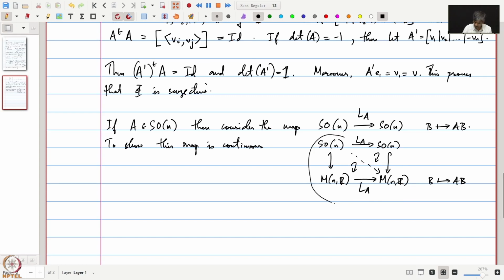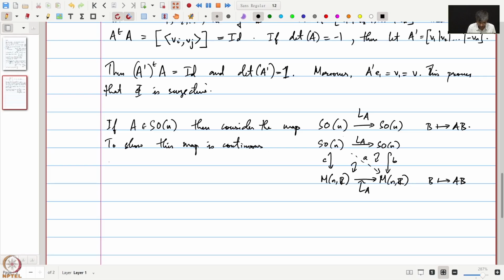As a result, this map is continuous because we have just restricted this continuous map to SO(n), which means the dotted arrow is continuous, which means the map L_A which we started with is continuous. Let's call the inclusion map B, the restricted map C, and the left multiplication on M_n(R) L_A tilde.